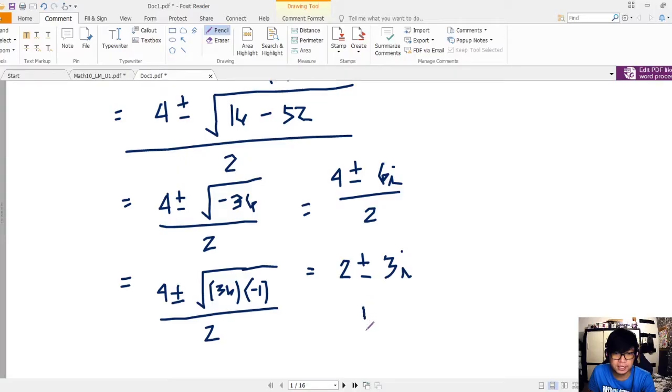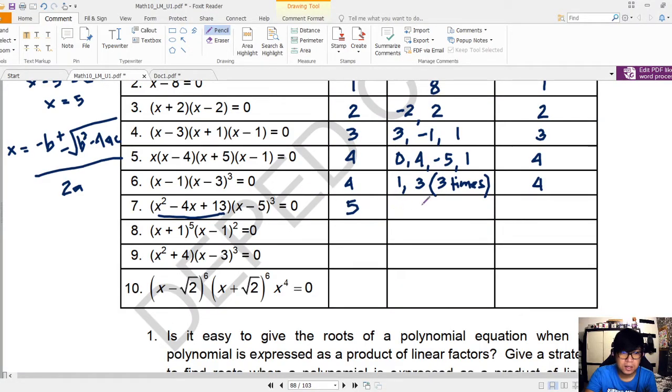The first value of x natin is 2 plus 3i. And the second one naman is 2 minus 3i. So, yan yung ating roots. So, since may i siya, this is not real roots. This one has no real roots.